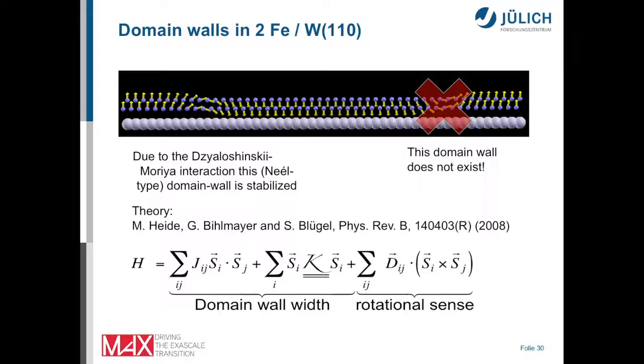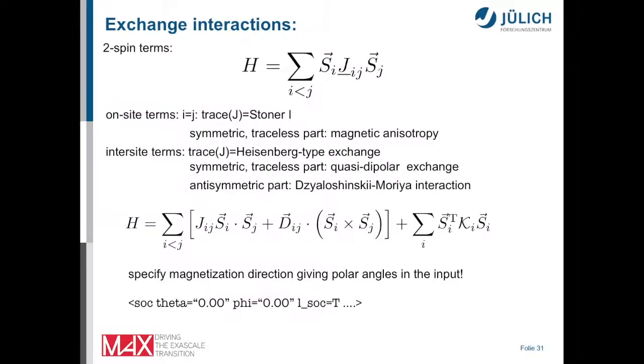Now the only thing we have not discussed is this last term here, the magnetic anisotropy. I told you this is the on-site relativistic effect, which gives you an orientational dependence of the total energy with the orientation of the magnetic structure.